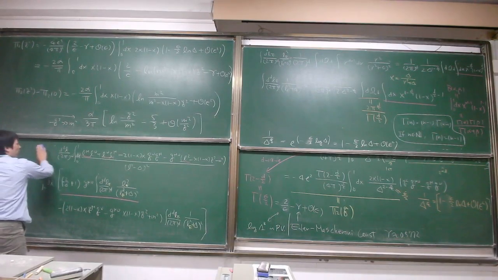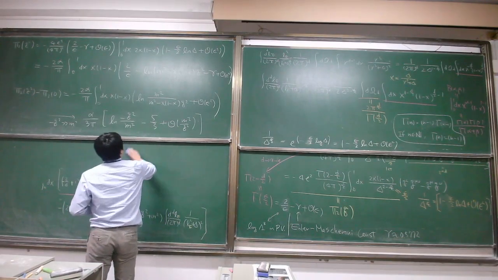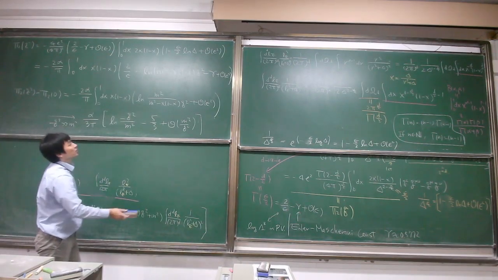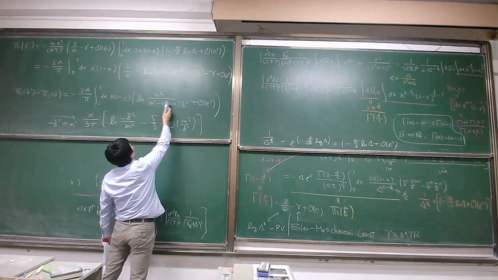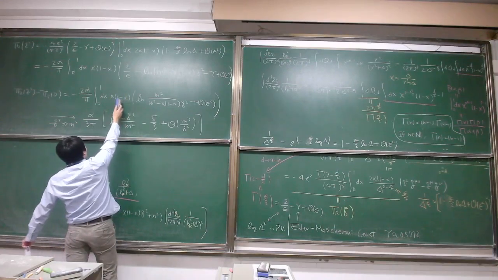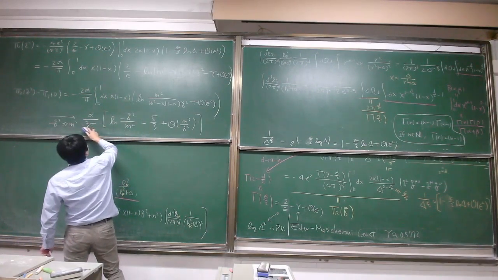Therefore, when q squared is very big, this term is dominant. You just take the log, and x times 1 minus x, and do the integral, and what you get is this numerical factor.